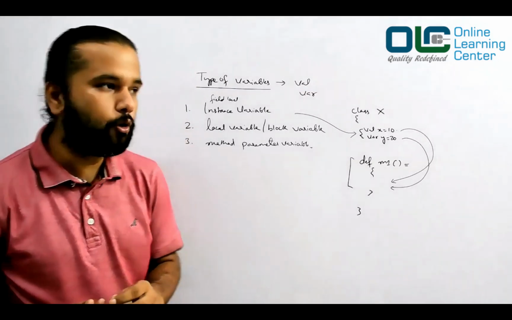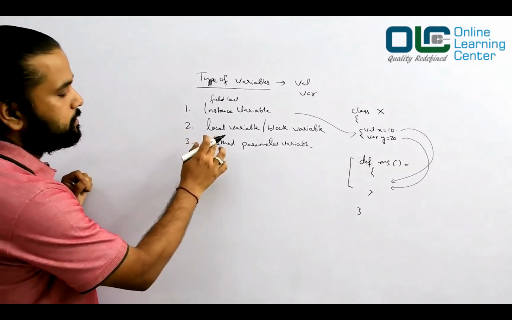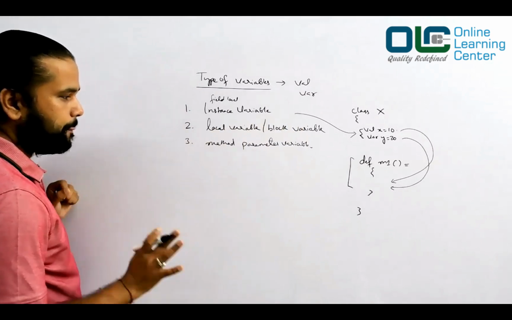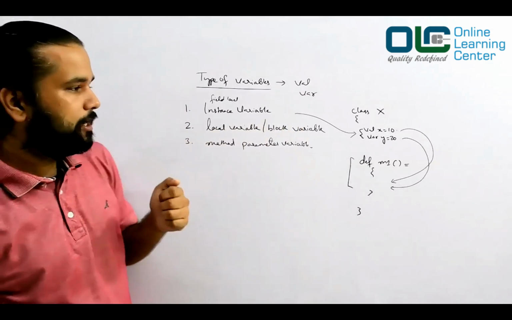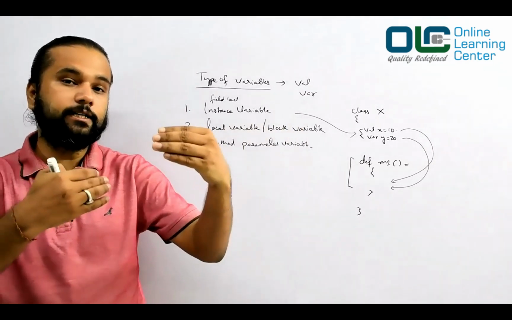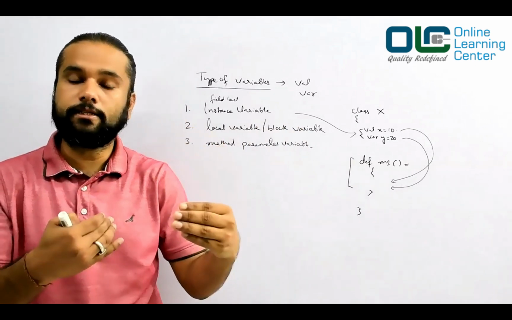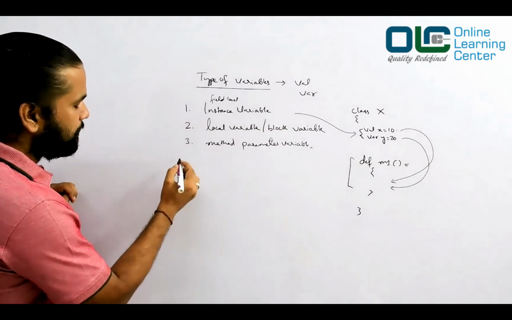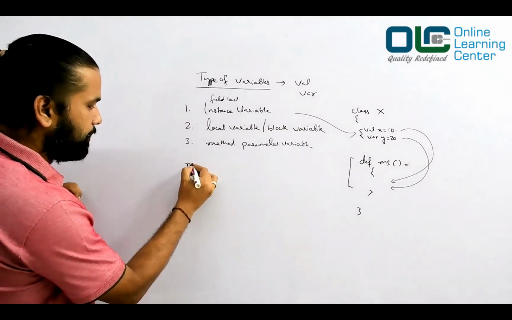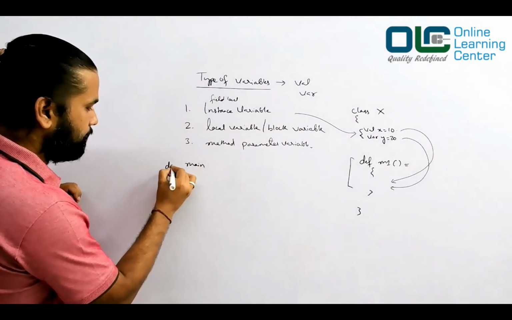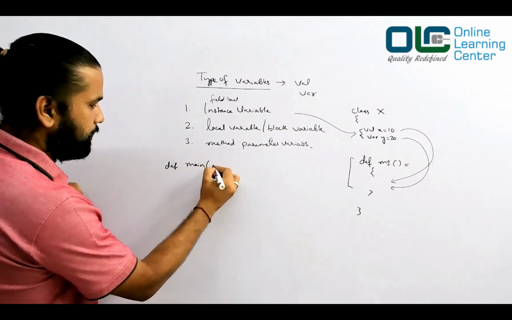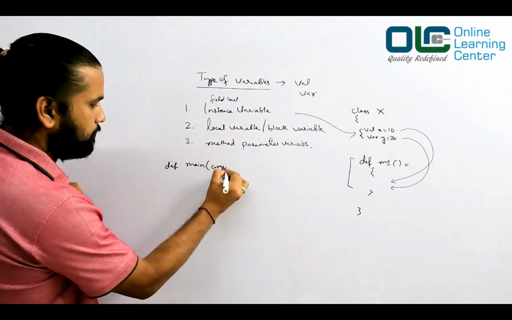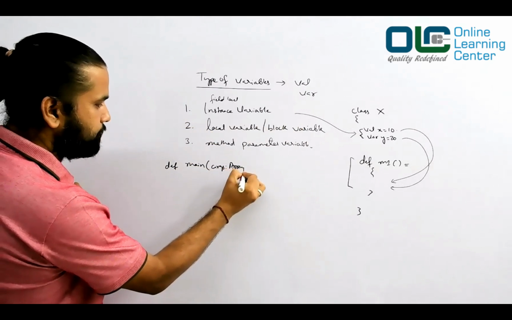Let's talk about the local variable now. The local variables or block variables. Now what are they? These are those variables which are defined inside your blocks or methods. For example, I may say I have written a main method. Def main, and you say args array of string.